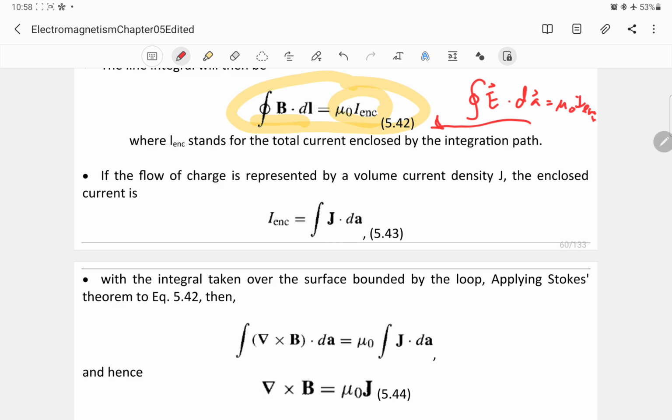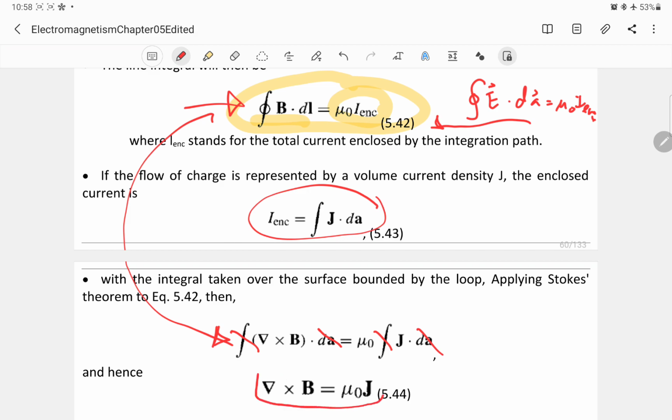Now I enclosed is also equal to the integral of J dot dA. If you apply Stokes' theorem there, that would give you this one, and you'd be able to get the relationship by comparing the two equations. You compare, not really cancel, but just compare.